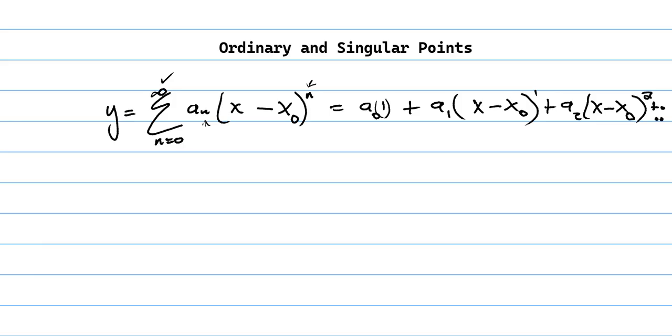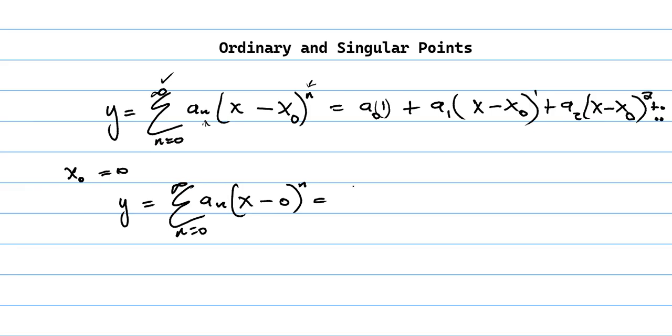I said if x naught is equal to 0, the function y will be the sum from n equals 0 to infinity of a sub n times x to the power n.